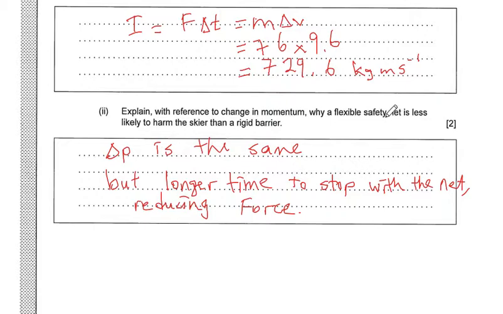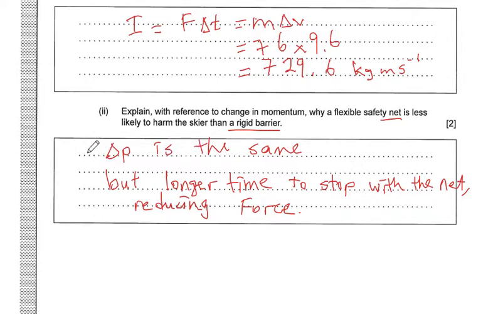So, when you need to explain something like this, first think about what is the same and what the net makes different from the rigid barrier. So you're looking for the difference between the net and the rigid barrier, but you're also looking for what is the same, so you can mention the difference of using the net instead of a rigid barrier.